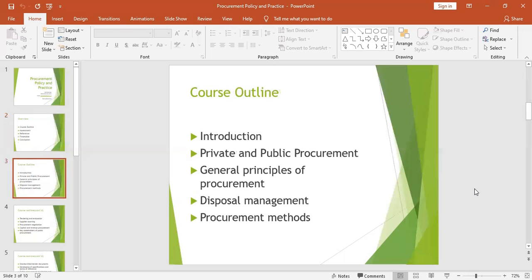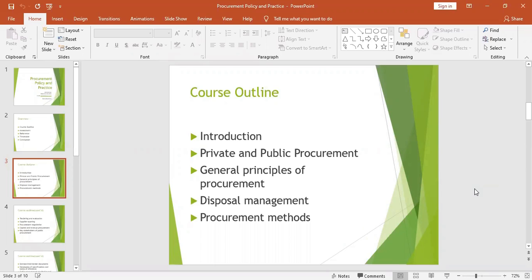As far as the course outline is concerned, the first topic is introduction, definition of procurement. Then after definition, categories of procurement, objectives of procurement. Second topic is similarities and differences, comparing and contrasting public and private procurement.